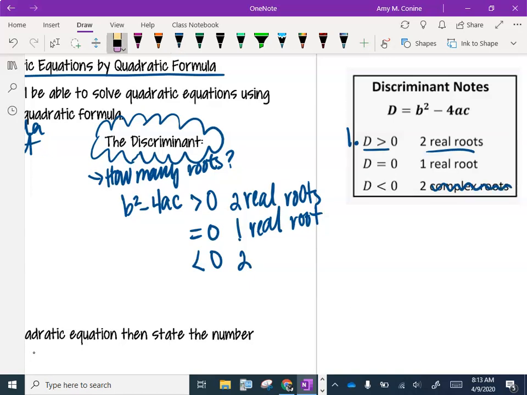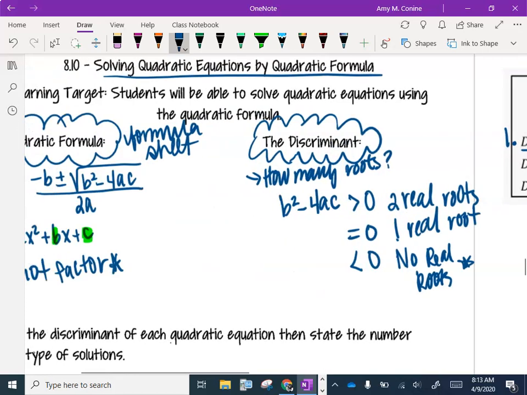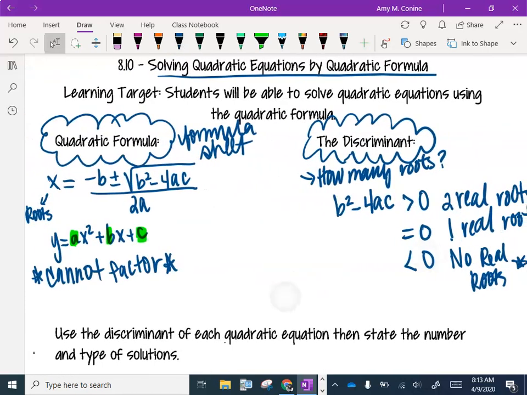You're going to have no real roots. Complex roots are something you're going to talk about in Algebra 2 and in pre-calc with me. What you need to know at this point is that you have no real roots if it's less than 0. So we're going to practice this down here. Make sure you have that information.